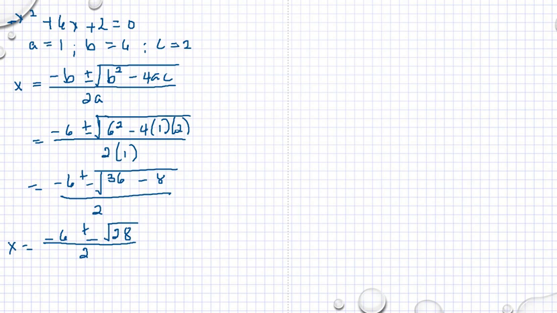And that's x. And then if we simplify, we get x is equal to negative 6 plus or minus the square root of 28. Can we factor that as 4 times 7, divided by 2 there.